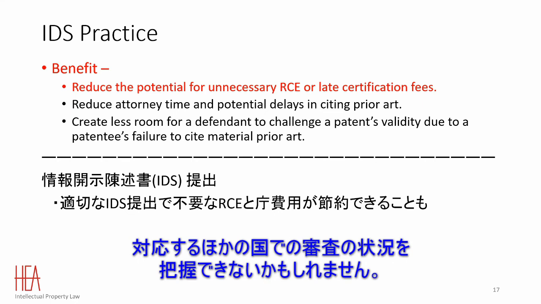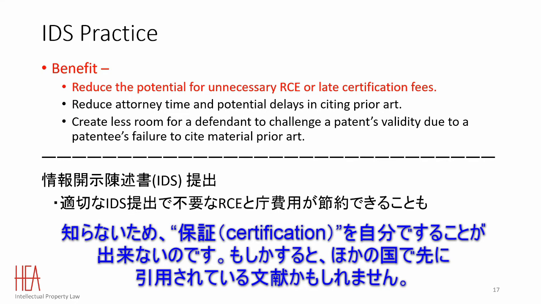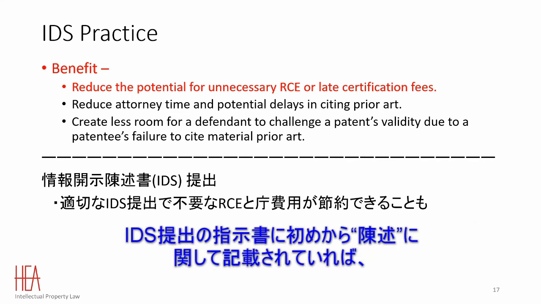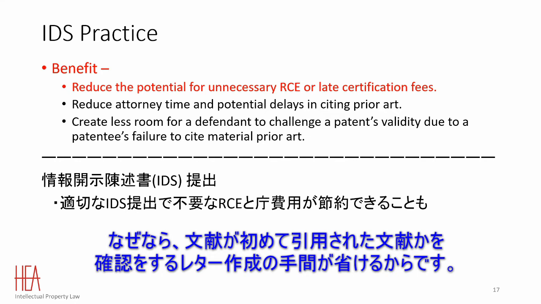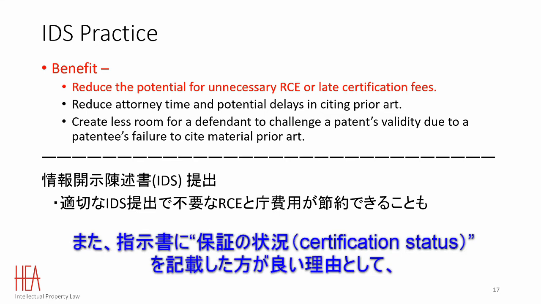They don't see prosecution for the other countries. So it's impossible for them to know if it's first cited, because maybe it's been cited in Australia, China, Europe, Korea, etc. So if you put that statement in the instruction letter, you're saving the US attorney time, so they don't need to draft a letter back to Japan asking if it's first cited or not.